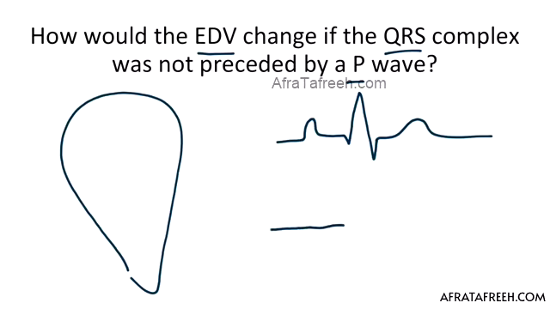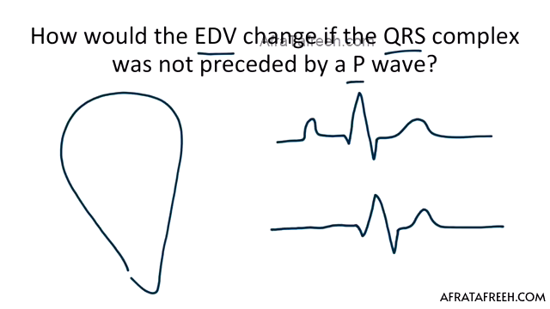If the P wave is absent, so drawn here, then this means that the atria are not depolarizing and therefore not contracting. Normally when the atria contract, draw some arrows here, this causes blood to move from the atria into the ventricles. And remember that this occurs during diastole.